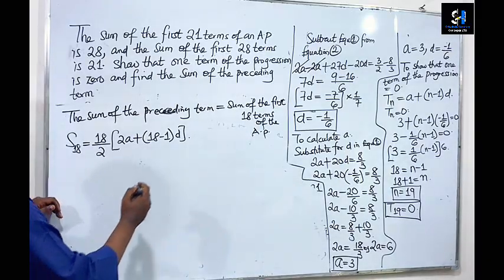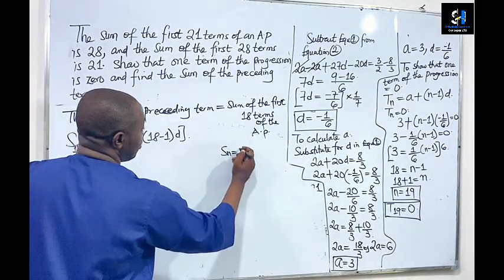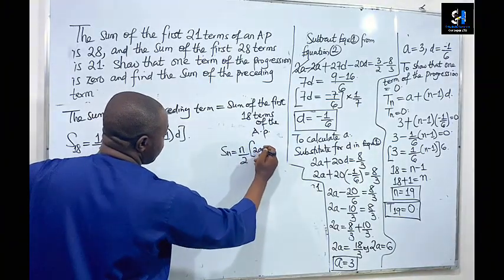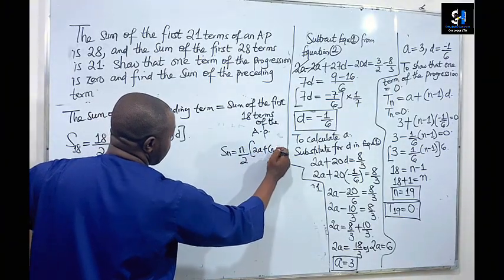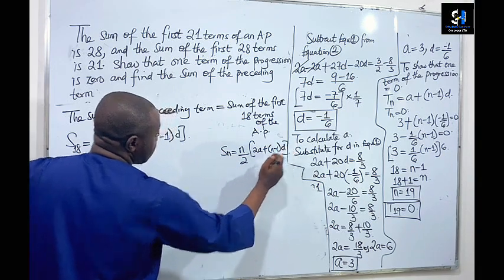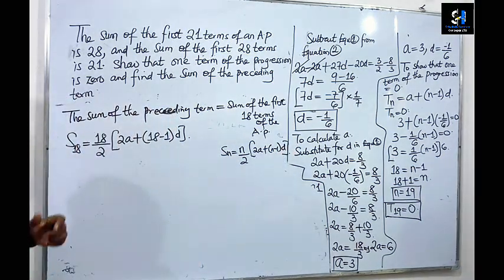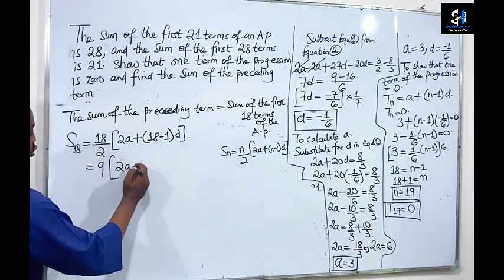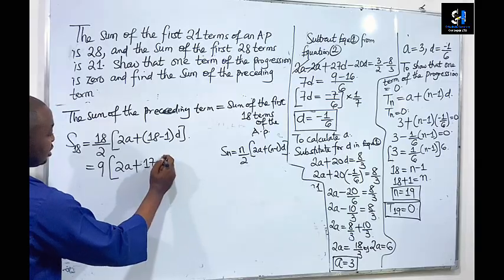Let's not forget that the formula is S subscript n equals n over 2, open square bracket, 2a plus (n minus 1) times d. That's the formula. So this will be 9 open square bracket 2a plus 17d.